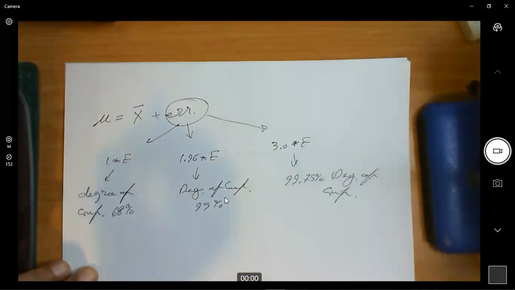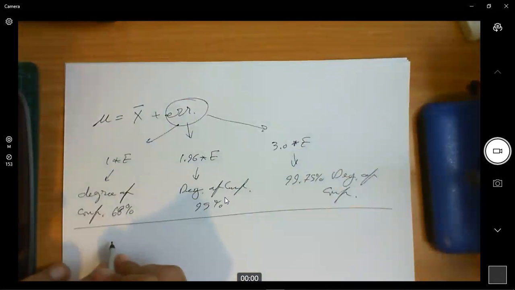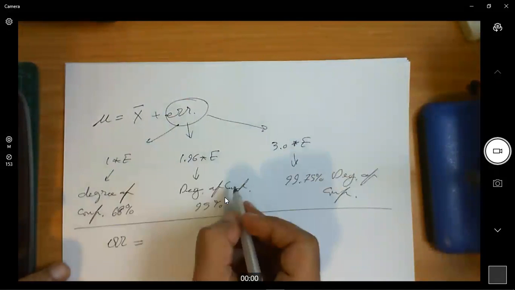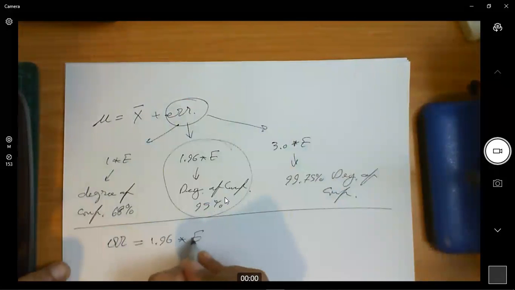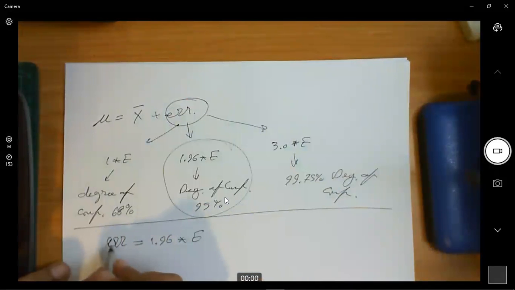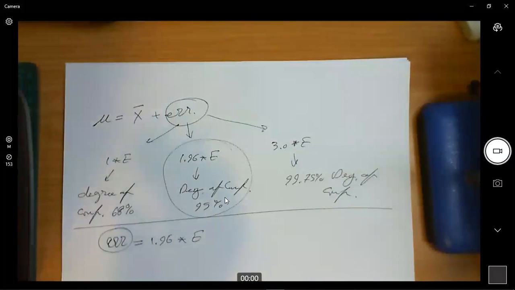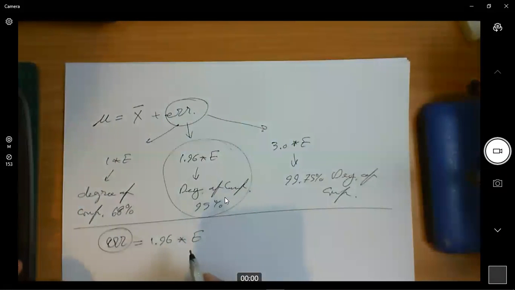So if we want to determine the sample size, what can we do? Let's take, for example, this case: the error equals 1.96 multiplied by E. So if we have a target error that we should not exceed, what is E?